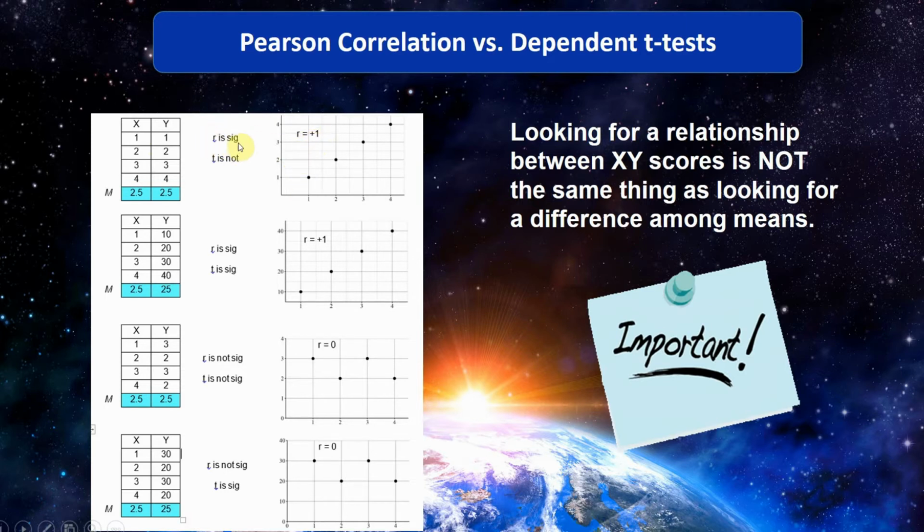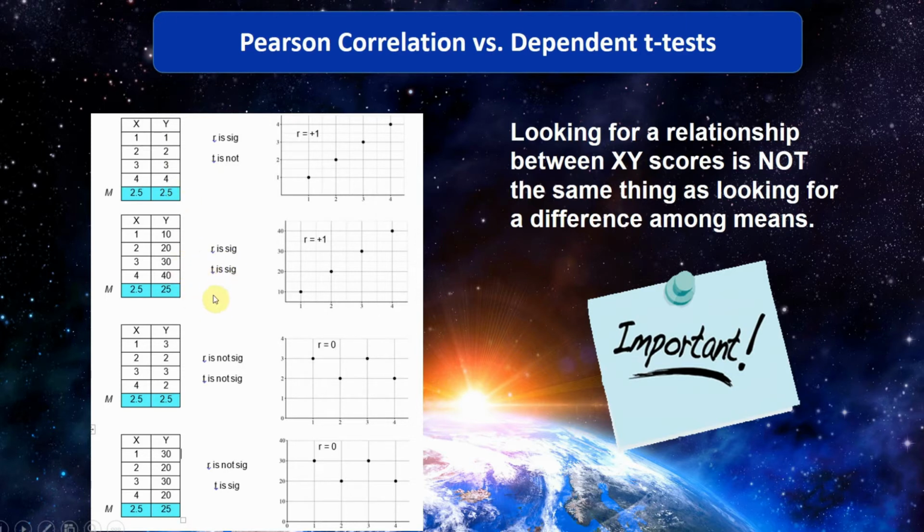And so R, the correlation, would be significant, but T would not, all right? Why is that? Because they're looking at different questions. The correlation is asking questions about the relationship between scores, and T is looking at the difference between means. Those are two different questions.